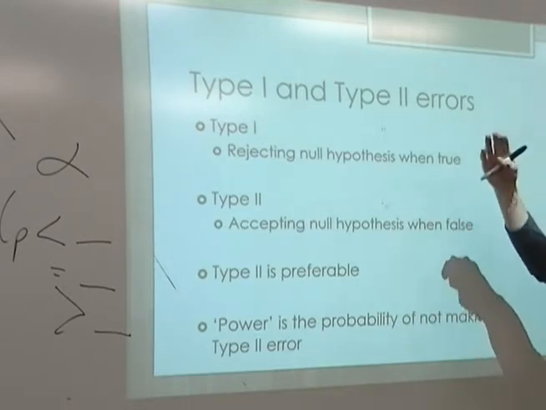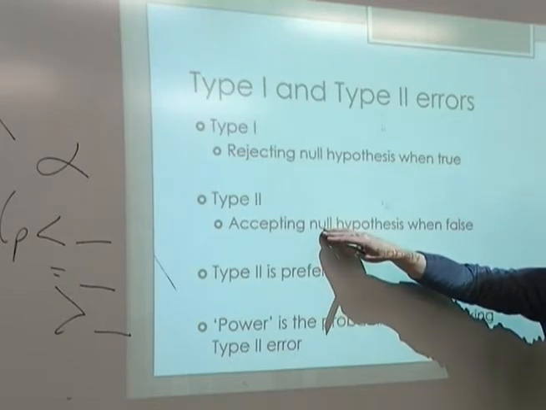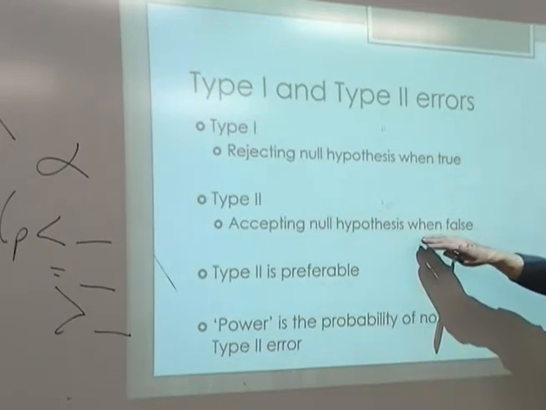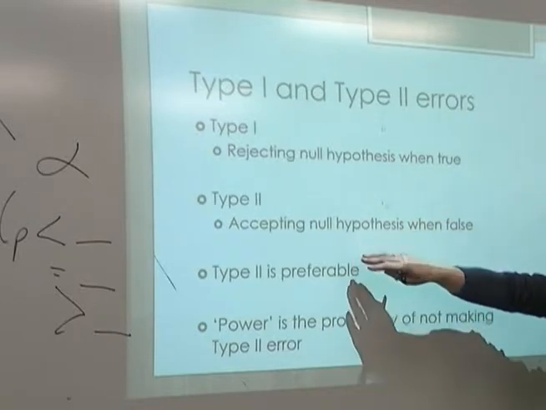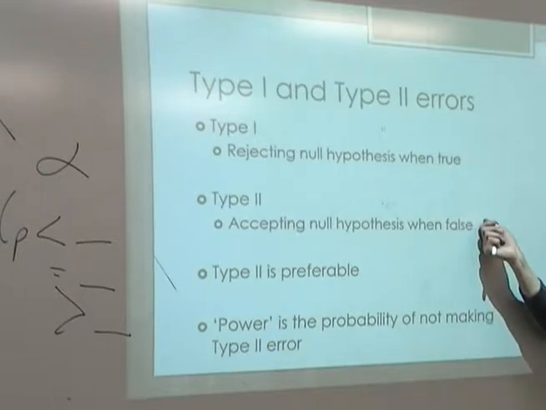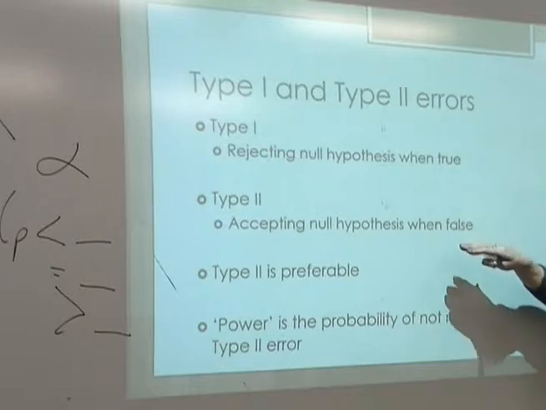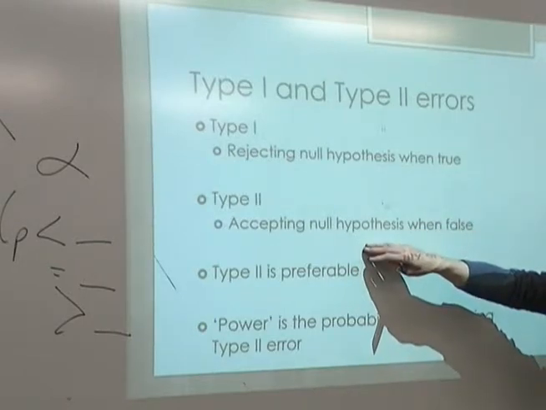And I say it like that because when we look at a type 2, we're looking at a different type of error. Because what we do in a type 2 is we say I was wrong when actually I was right. Okay? So, I make an error, but it's a better kind of error.